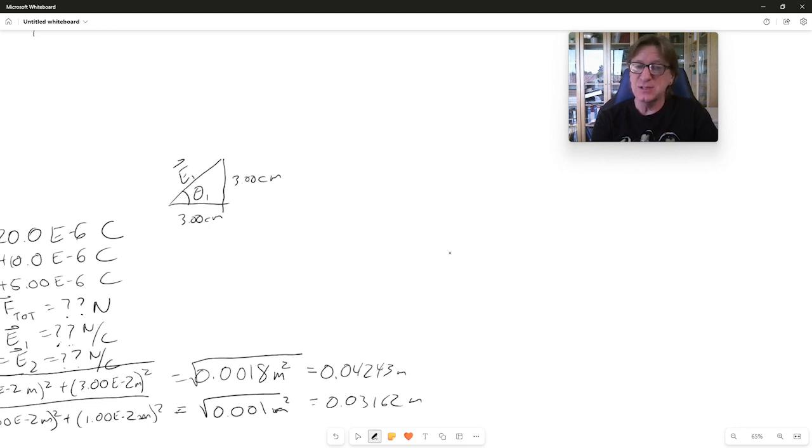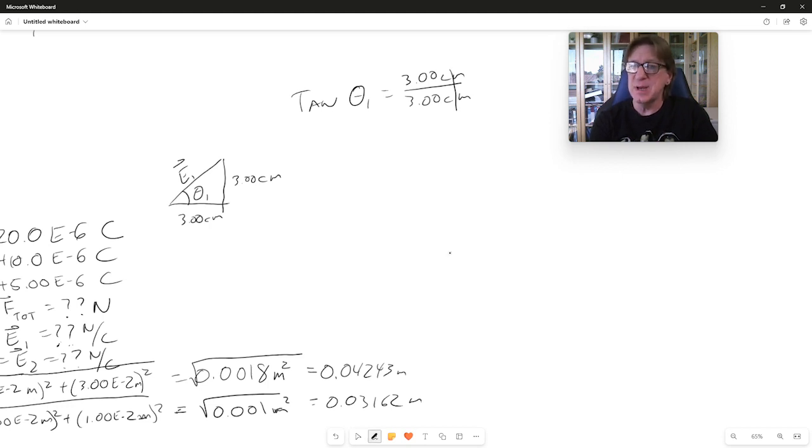Tangent is the opposite over the adjacent. So the tangent of theta 1 is going to be the opposite, which is 3.00 centimeters, over the adjacent, which is also 3.00 centimeters. Now notice that I left it as centimeters. You can convert it to meters, and maybe that's a good habit. But remember that the argument that comes out of here has to be dimensionless. These have to cancel.